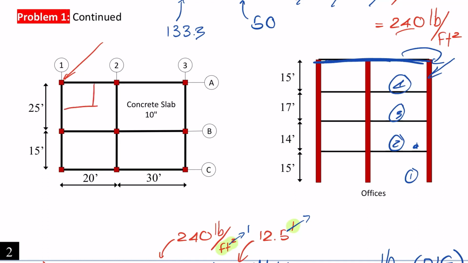Tributary area of that will be this piece, 1/4 of the slab over here will load to this column. The other part over here will load to this column, and for this column over here, this is the load of that, so on and so forth.